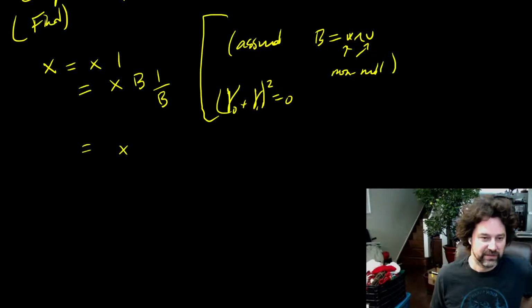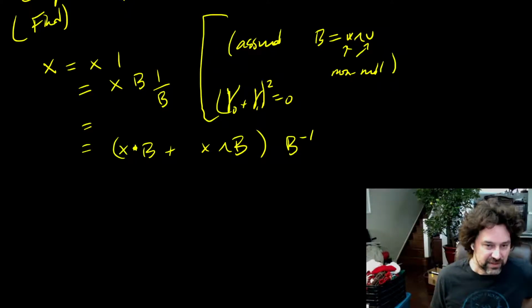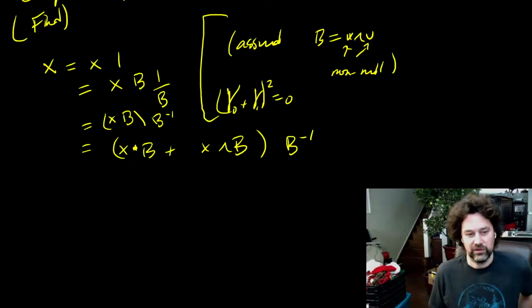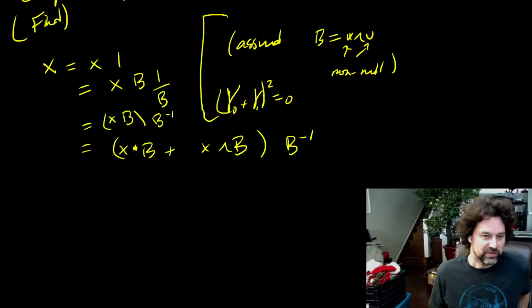And now we can write this as x dot b plus x wedge b inverse. Now, the step that I skipped here is that I'm going to give ourselves a flexibility of grouping. So we started with x times 1.